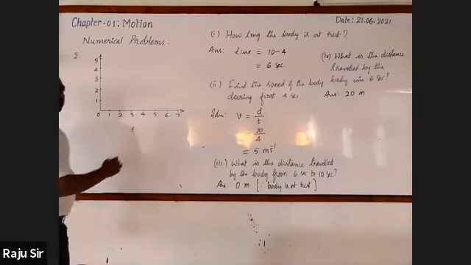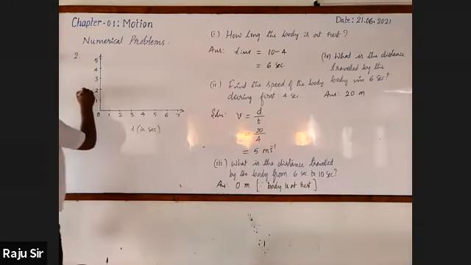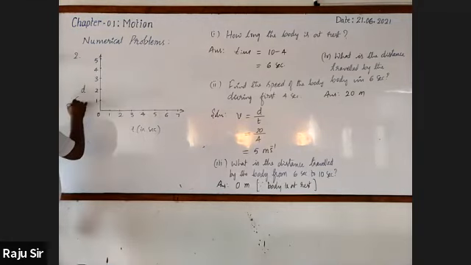The time axis is represented by t and is measured in seconds. The distance axis is denoted by d. It is to be measured in meters.